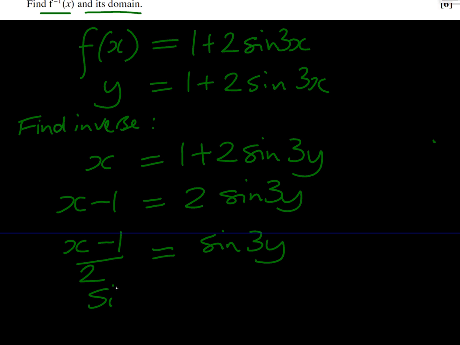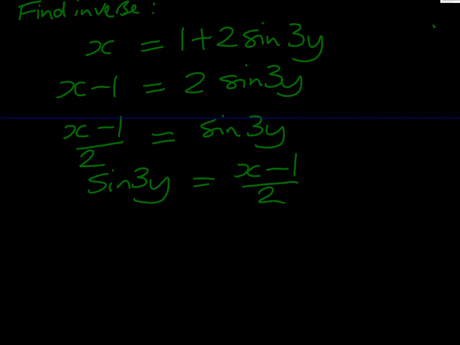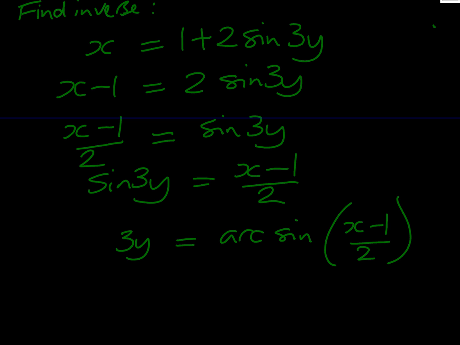I'm going to swap sides, because I want to end up with y on the left-hand side. So sine 3y equals x minus 1 over 2. And what do we do next? Well, we're going to find our inverse of sine, which is arc sine. What we have on our calculators at GCSE is actually sine minus 1, using the inverse function notation.